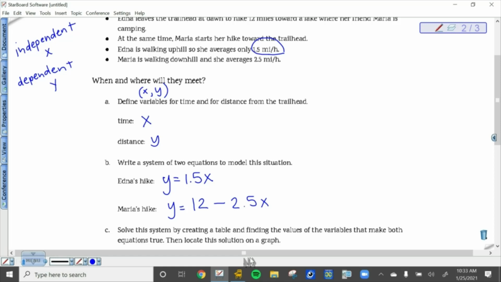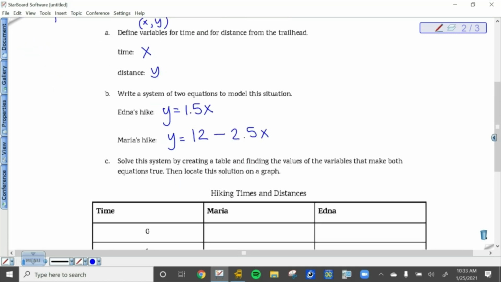She's starting at 12 miles, and she's going to keep walking closer and closer to the trailhead until she meets Edna, where Edna is starting at the trailhead and walking further and further away. We're going to graph those two lines, and I think it'll make more sense once we see that. But first, we're going to solve this system by creating a table.